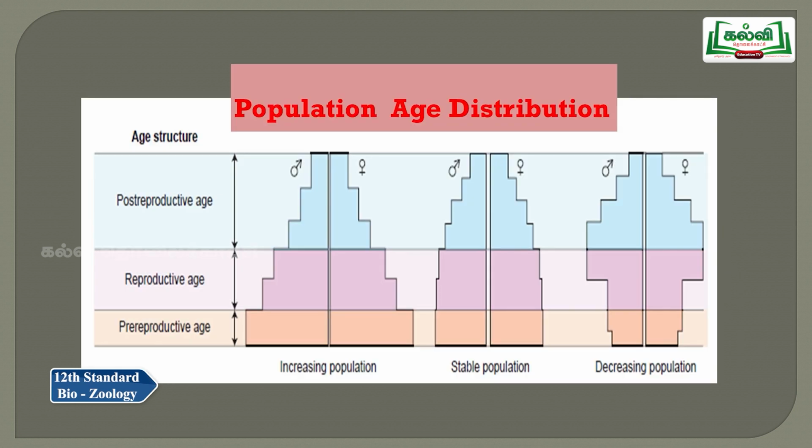They may ask for the diagram also, so you should be able to draw that one. The post-reproductive is the blue one, the reproductive age is the pink color, and the pre-reproductive age is the orange color which we are seeing. We have three types: increasing population, stable population and decreasing population. Based on that the diagram has been given here.